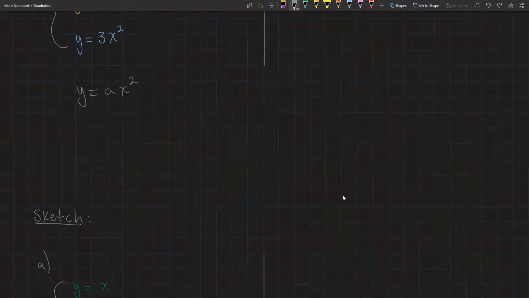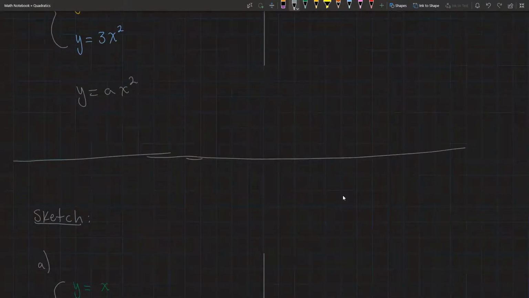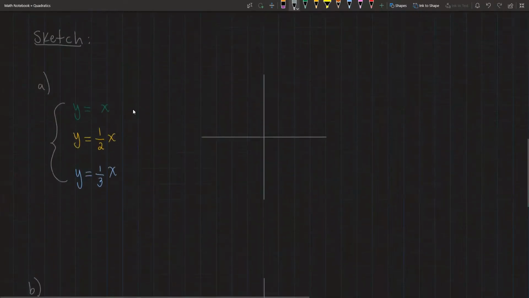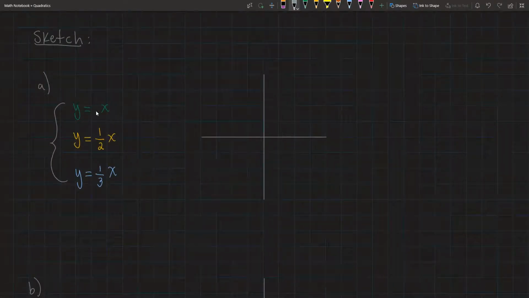All right, next we have down here, same idea of starting with linear equations, the parent graph y equals x in green. So you try and visualize what that looks like or plot it at your own pace. I will check that now. It starts at the origin. The slope is 1 over 1.